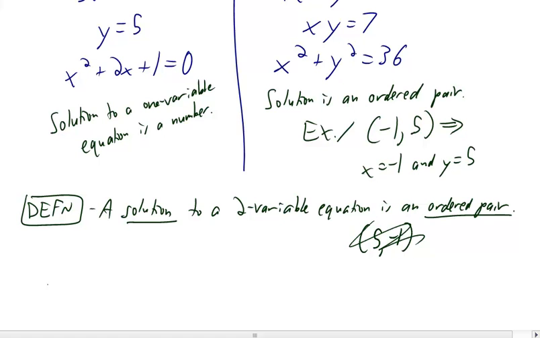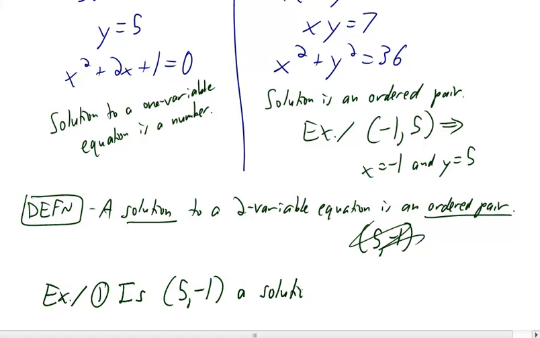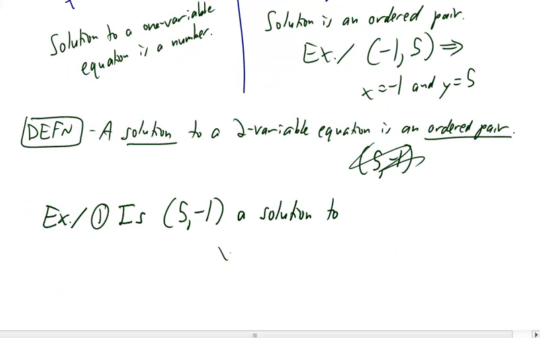One of the first type of example problems we can do is just to simply ask the question, is the ordered pair 5, -1 a solution to the equation x minus y equals 4? I'm going to give you guys about 20 seconds to do this one.